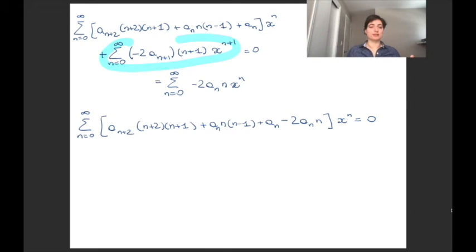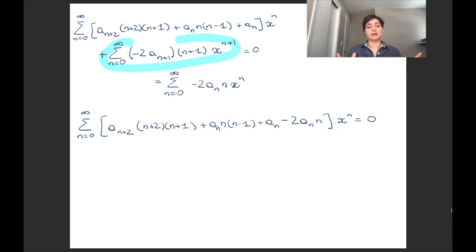Now we have something in which every single term has the format that we want. A sum from n equal to 0 to infinity times a coefficient that is maybe very complicated times x to the n. So we put all these coefficients together and we have the same format, a sum from n equal to 0 to infinity of all the coefficients of all the power series that we have built until now, multiplied by x to the n.